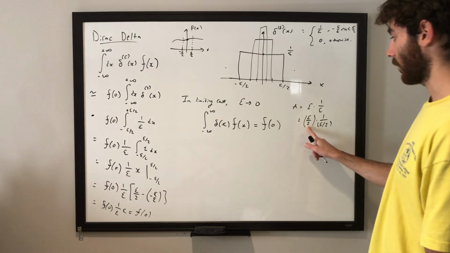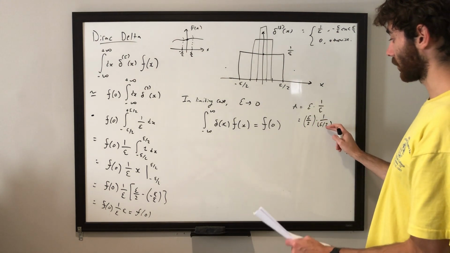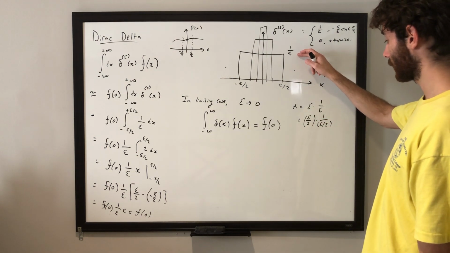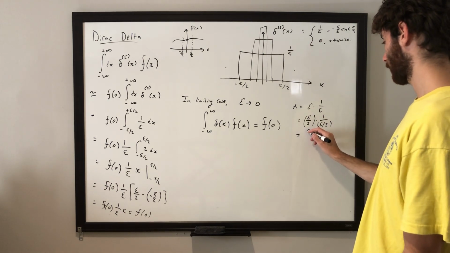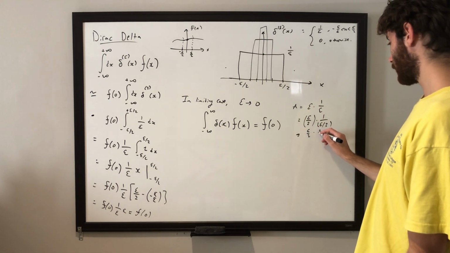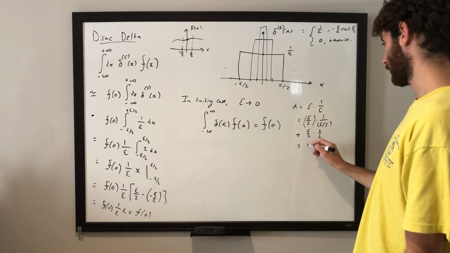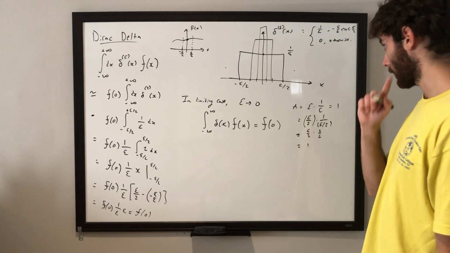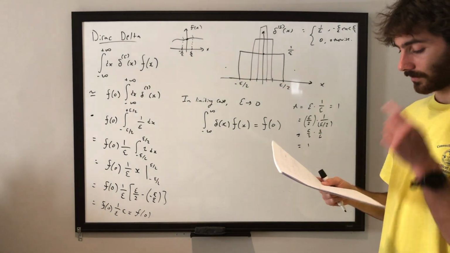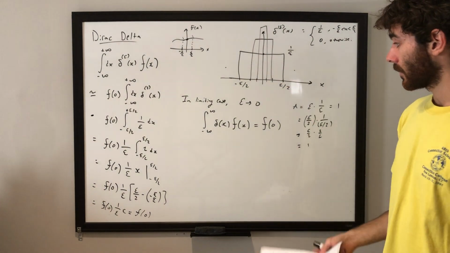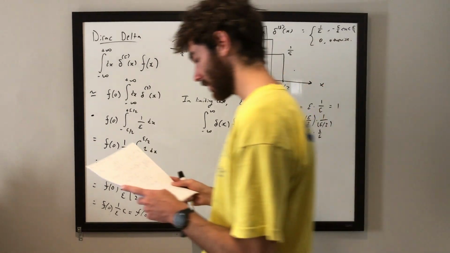So the width shrinks, but the height grows to 1 over epsilon over 2, which is, again, just 1. So this limiting procedure preserves the area under the curve of the delta function. Okay, that's nice.